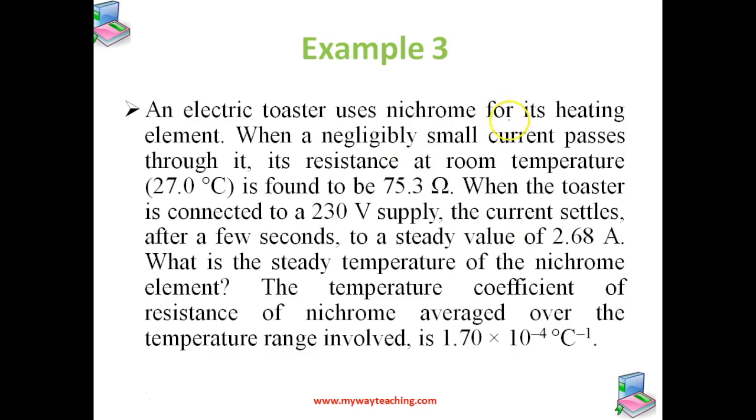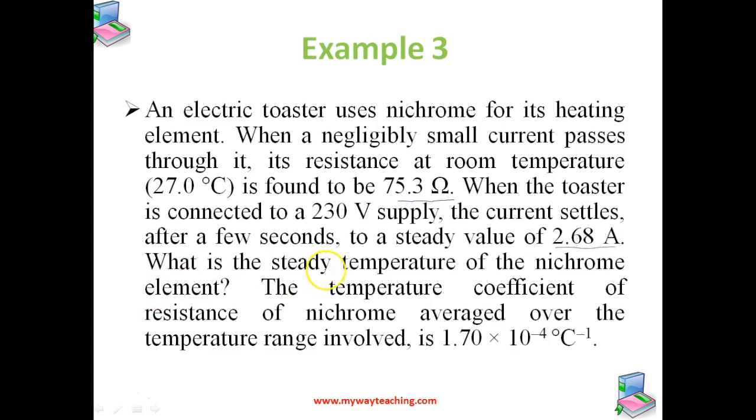Now let us see one simple example. An electric toaster uses nichrome for its heating element. When a negligibly small current passes through it, its resistance at room temperature is found to be 75.3 ohm. When the toaster is connected to a 230 volt supply, the current settles after a few seconds to a steady value of 2.68 amps.